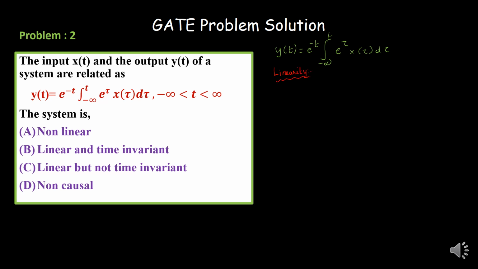For the system to be linear, the superposition principle has to be satisfied. So what is the superposition principle? I will explain that. See here, listen clearly.